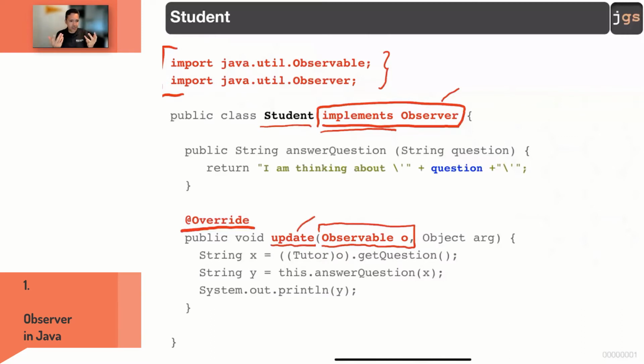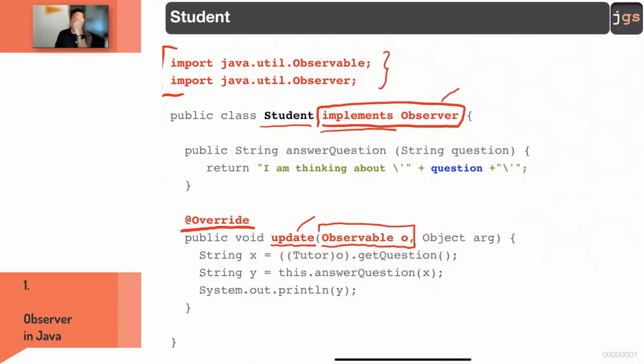But just because I can have several subjects, several observables, in order to know which one called my method update, something that I am going to receive as a parameter is a reference to you, to the one that is calling me. Did you notice the power of this?